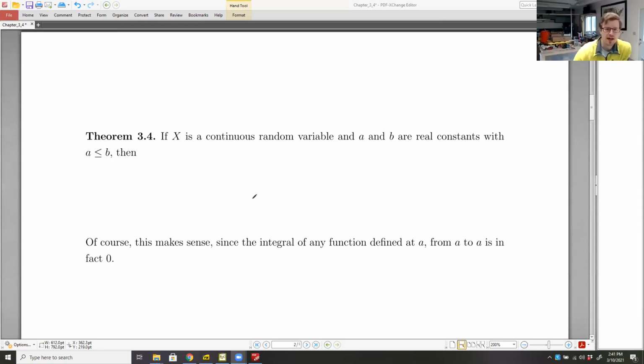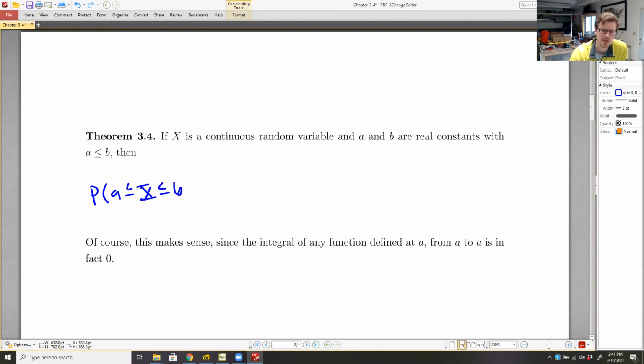If we have a continuous random variable x, and a and b are real numbers with a less than or equal to b, then the probability that the random variable takes on values between a and b, right? This is our typical notation.